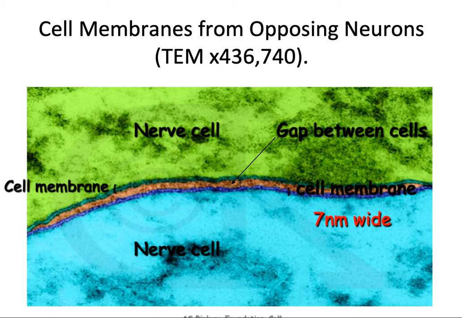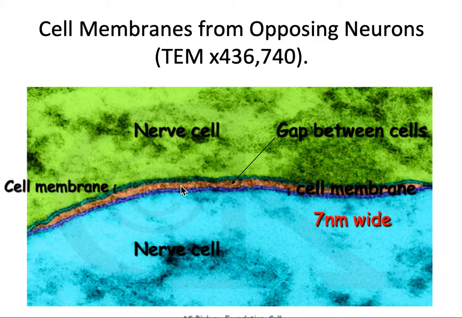Alright, so here is a cell membrane from opposing neurons. These are nerve cells, which are just a kind of cell. This is the inside of one cell and the inside of another cell, and this is the cell membrane of the sky blue cell, and this is the cell membrane of the green cell.